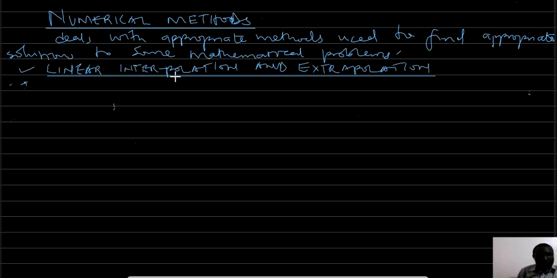Under linear interpolation and extrapolation, relationships of variables which are linearly related can be handled. With linear interpolation, the value of a variable lying between two consecutive values can be calculated.